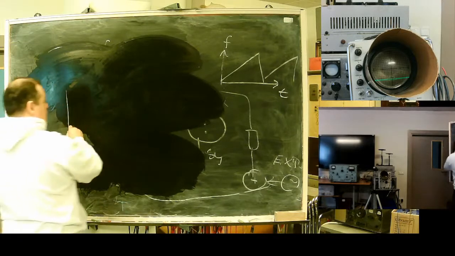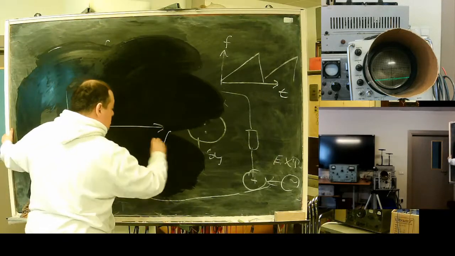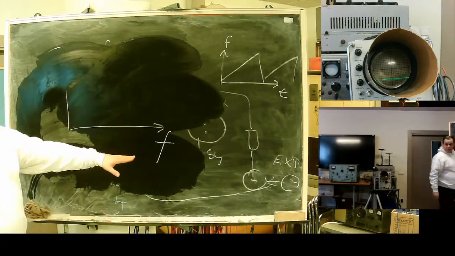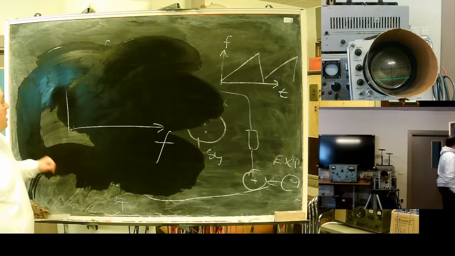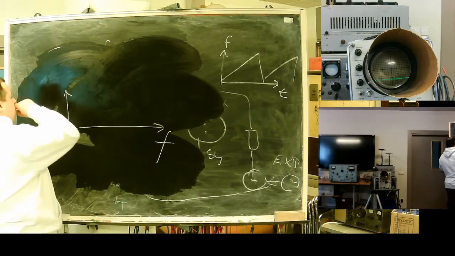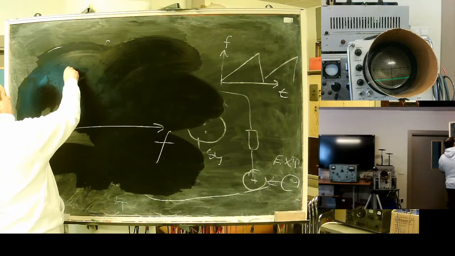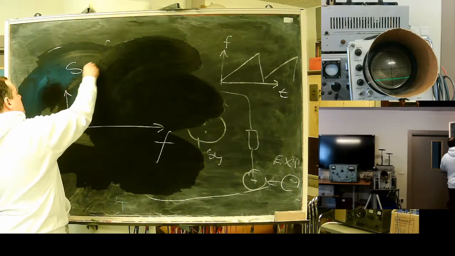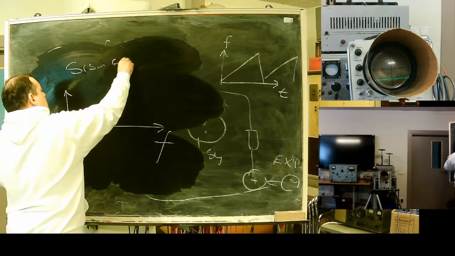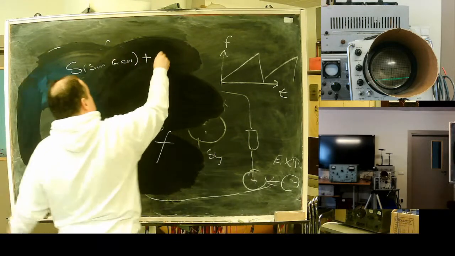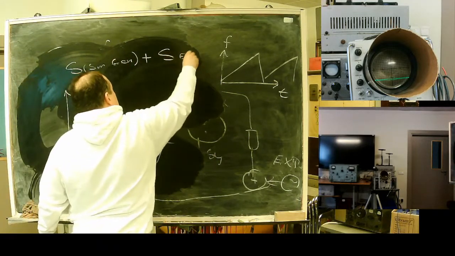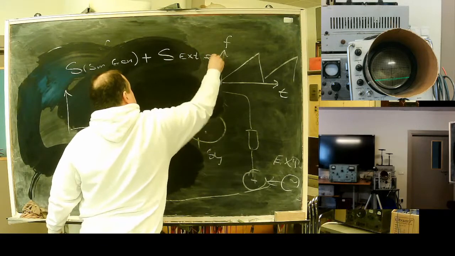We will see a chart where on the horizontal will be frequency, the same, and on the vertical will be the signal of the swept generator plus the signal from the external generator.